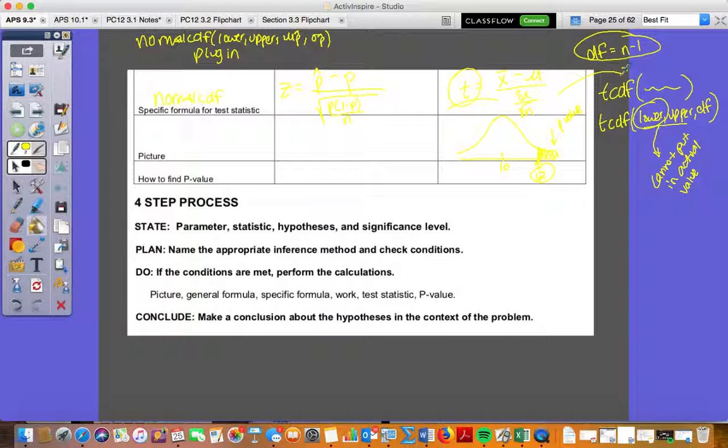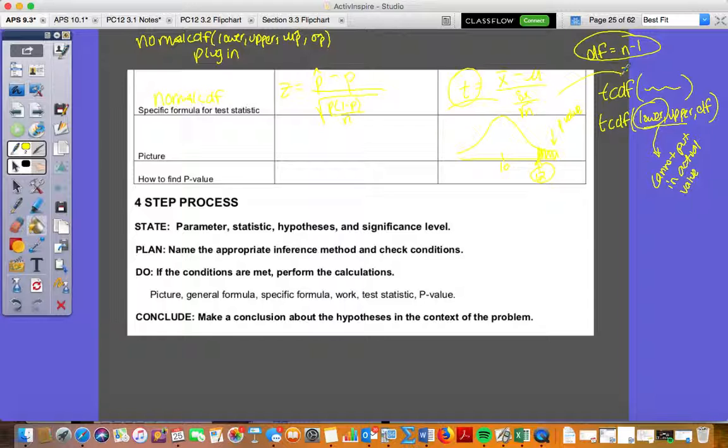For this one, I could have put in 0.739999. You could. So that one you could do lower, upper, mean, and standard deviation regularly. You don't actually have to do the specific formula. But for the T, you have to use the specific formula.